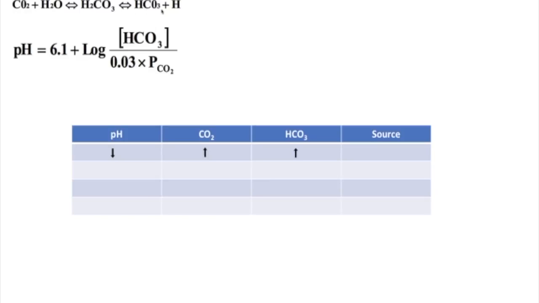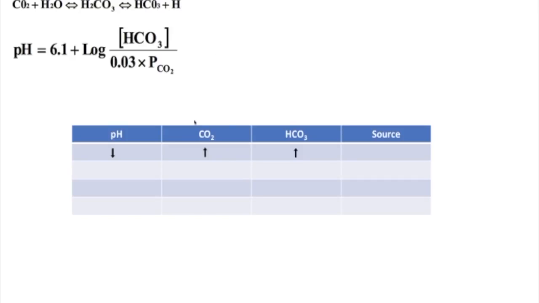And what that's going to do is eat up protons and generate more CO2, which is blown off in the lungs. So high bicarb will actually cause your plasma to be more alkaline. On the other hand, high CO2 will drive this equation to the right, and that will generate more protons and cause the pH to drop.